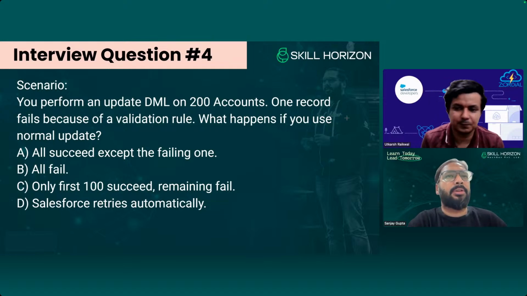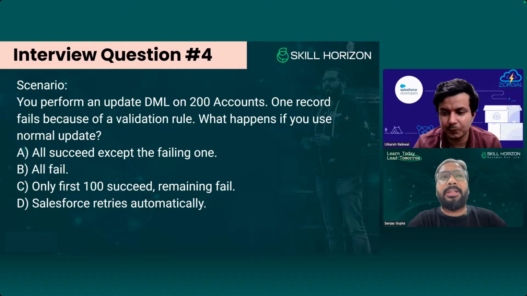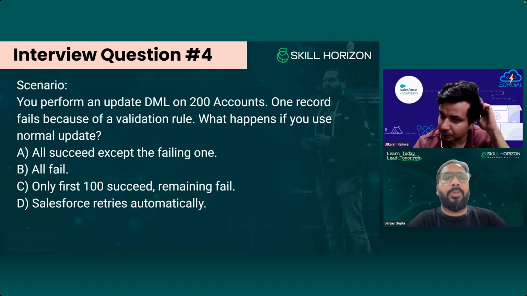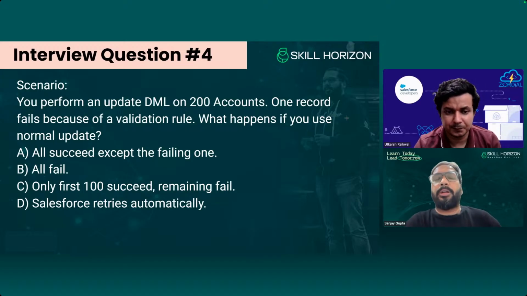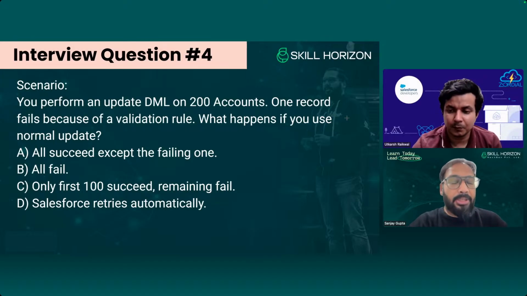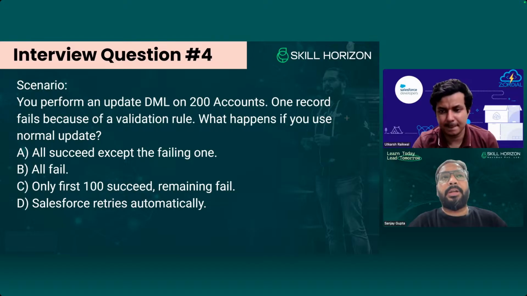Yeah, you are right. So if you're using a DML statement only, and any one record is failing, it will roll back the complete process. And to overcome this situation, if you want partial success, partial failure, then you can go for the Database class methods.